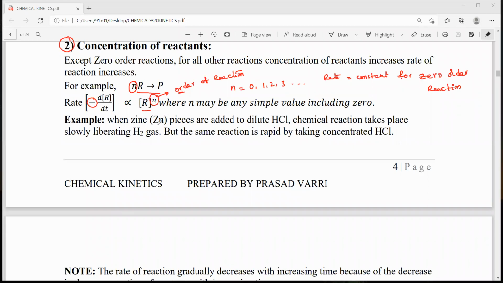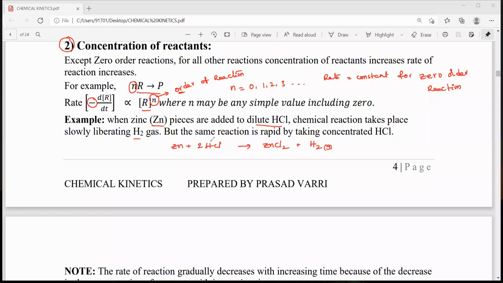For example, take zinc metal and place it in dilute HCl. Here the concentration of HCl is very low, so the reaction will be very slow and hydrogen is liberated slowly. So Zn plus 2HCl is converted into ZnCl2 plus H2 gas. Hydrogen gas is liberated, dear students.